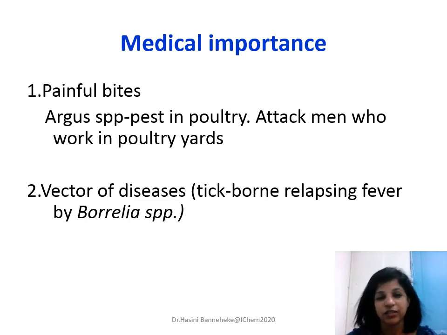In addition, soft ticks can transmit certain diseases, acting as vectors. For example, tick-borne relapsing fever, which is caused by the Borrelia species, is one disease caused by this organism in humans. The vector there is the soft tick.